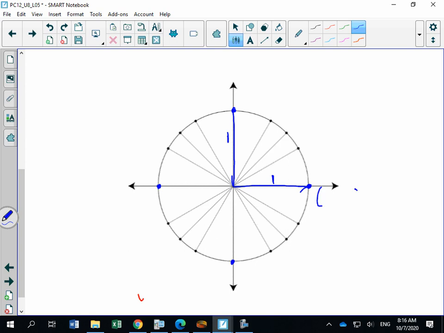So if I said, well, what's the x and the y coordinate? The x coordinate here, I'm going to 1, and the y coordinate, I'm not going up at all. So it's 0. Over here, on the y-axis, my x value is 0, and my y is now where my radius is. This is my y, and my radius is 1.